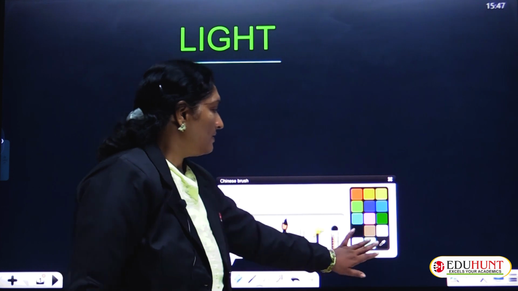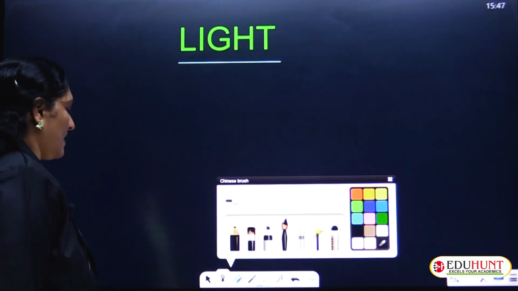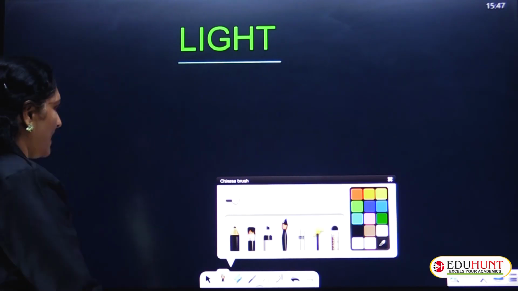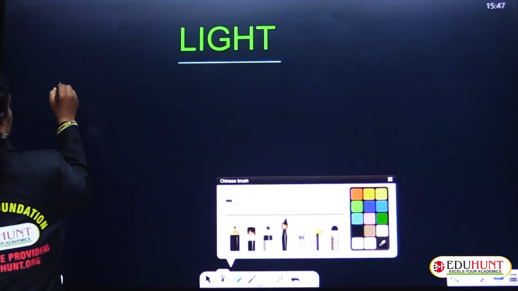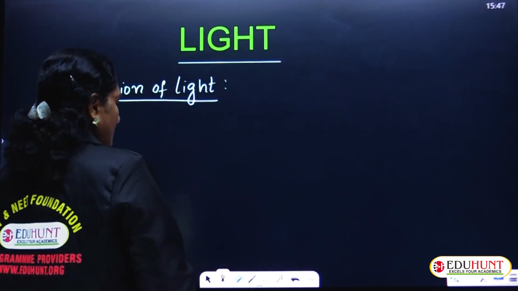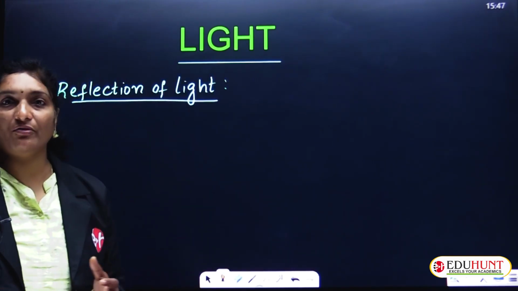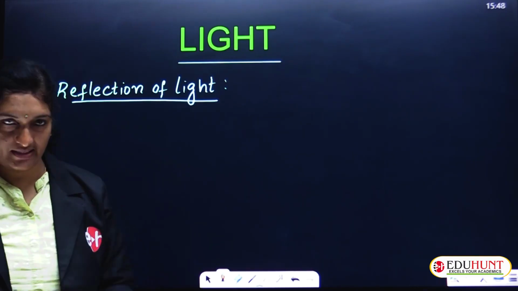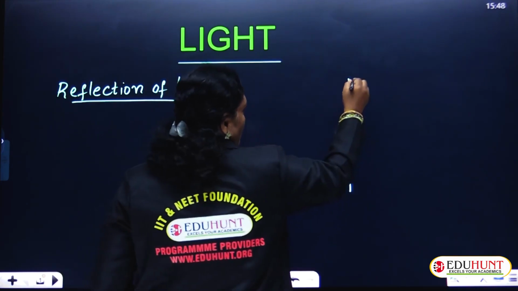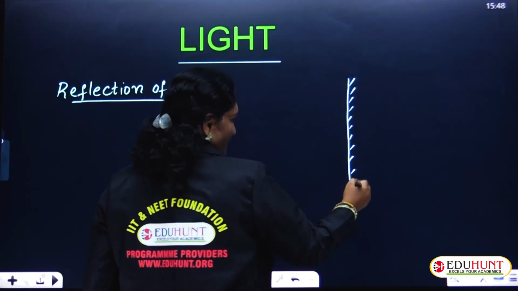First of all, let us try to understand the main property of light, that is reflection of light. Whenever a beam of light falls on a surface, let us suppose this is a surface.